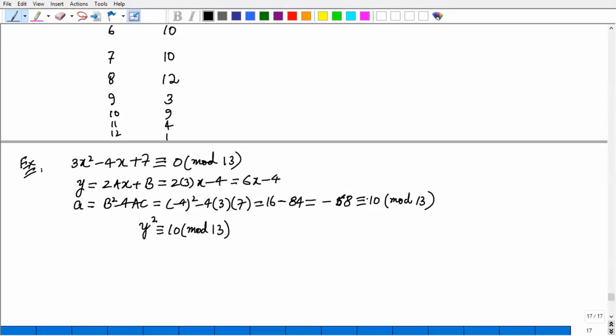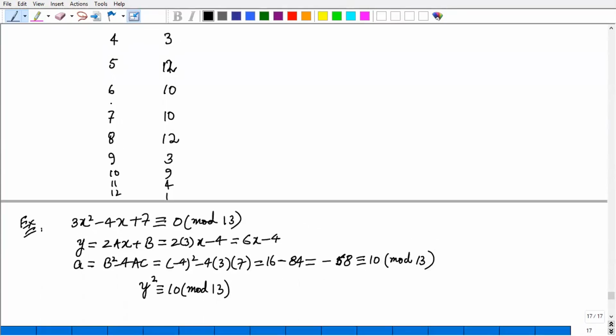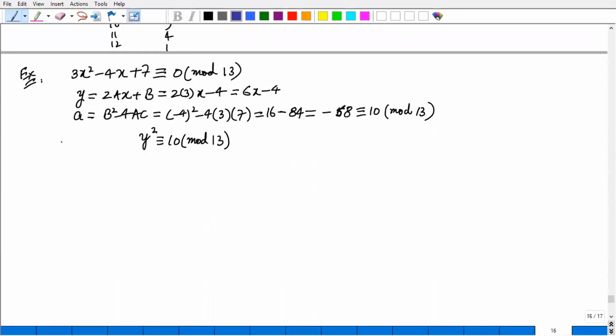And we know from here that two values, 6 and 7, give residue equal to 10, which is required.